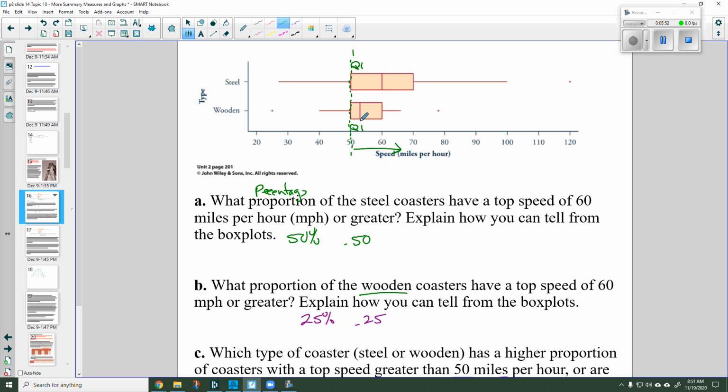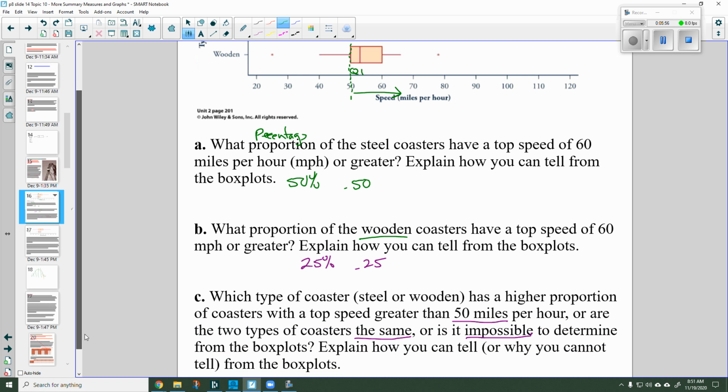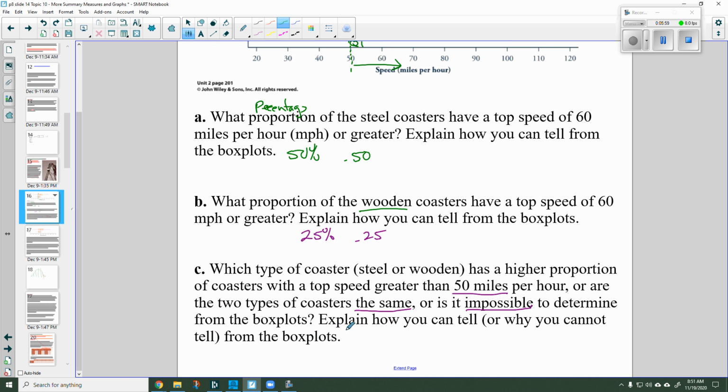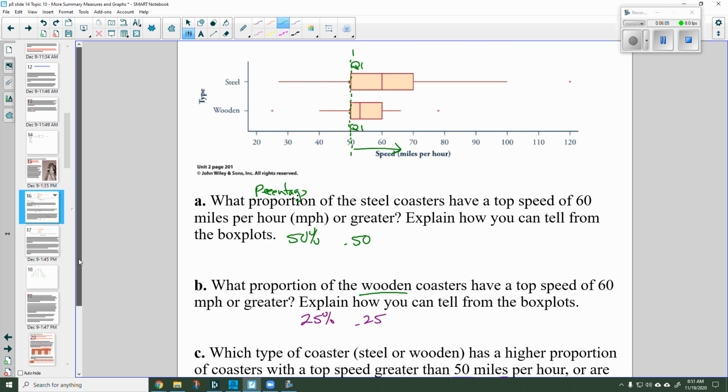So for both steel and wooden, 75% of the coasters, or 0.75 as a proportion, have a top speed of 50 miles an hour or greater. That's the second quartile, the third quartile, and the fourth quartile. Second, third, and fourth.